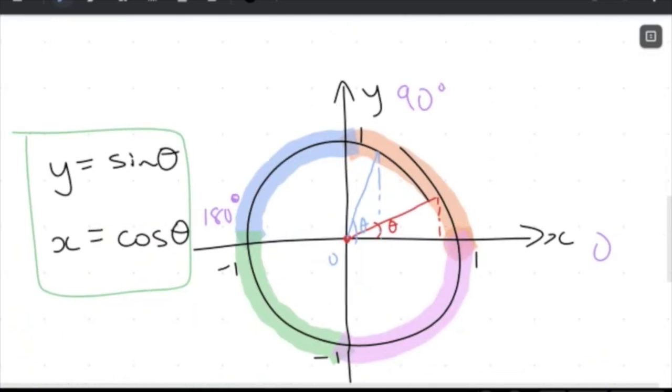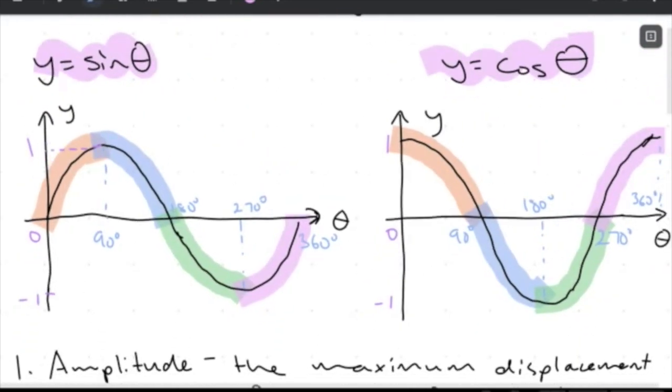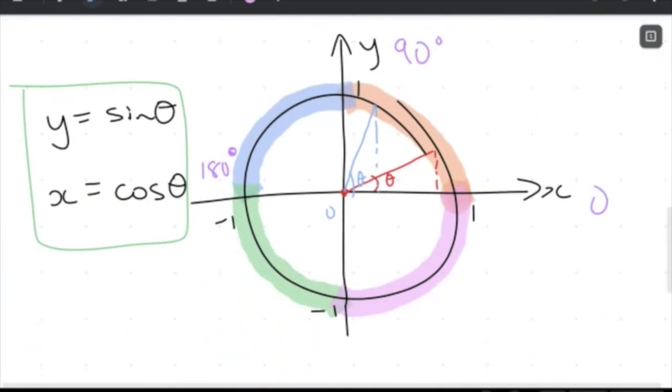But both of these graphs map out what my sine theta and cos theta do along my unit circle, or in other words, what my x and what my y do around the unit circle. And we can make links between what's happening in different parts of my graph to what is happening to x and y on the unit circle.